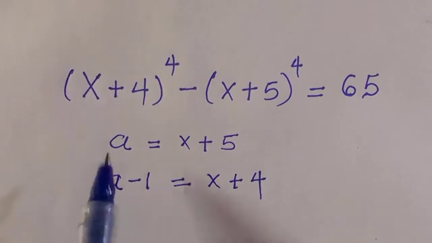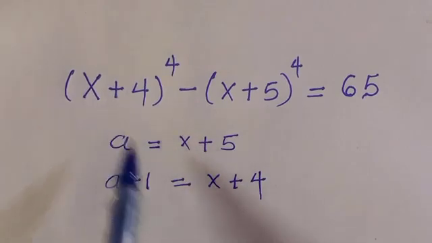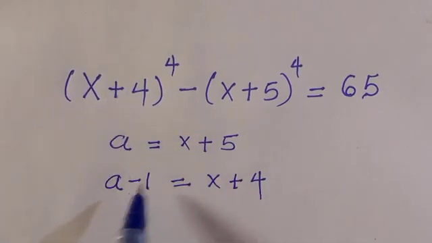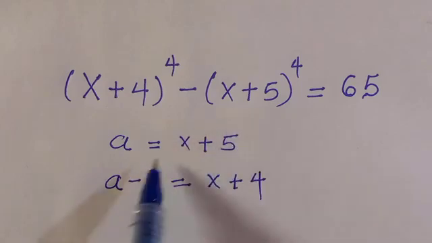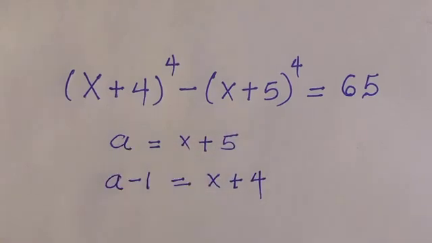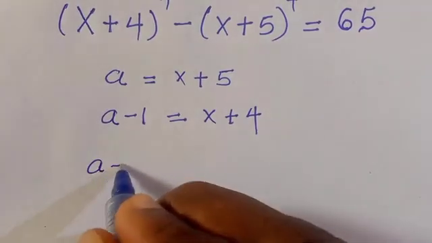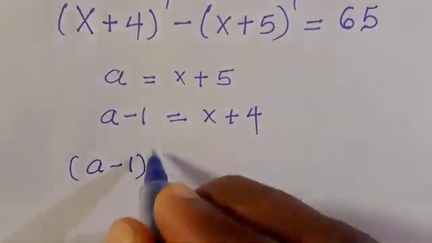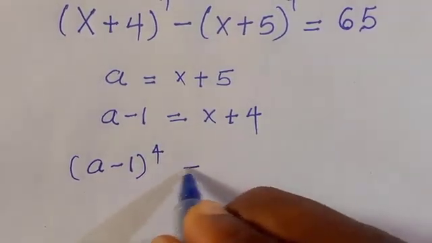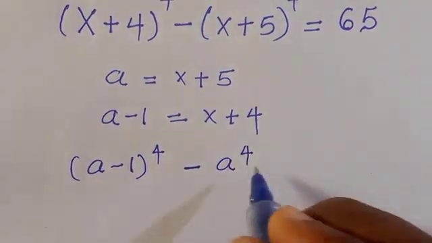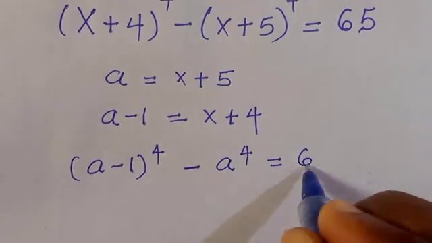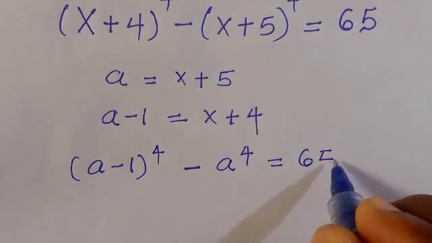That is, anywhere I see x + 4 here, I'm going to replace it with a minus 1 and x + 5 with ordinary a. So therefore we have (a minus 1)^4 minus a^4 equals 65.